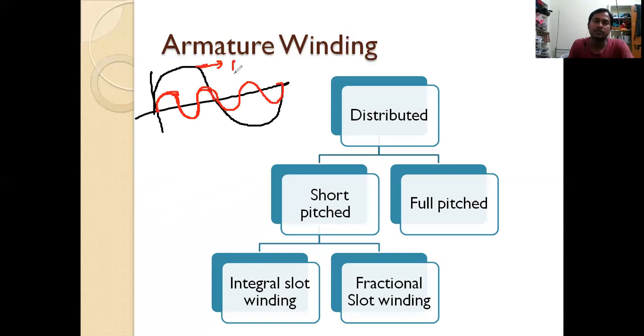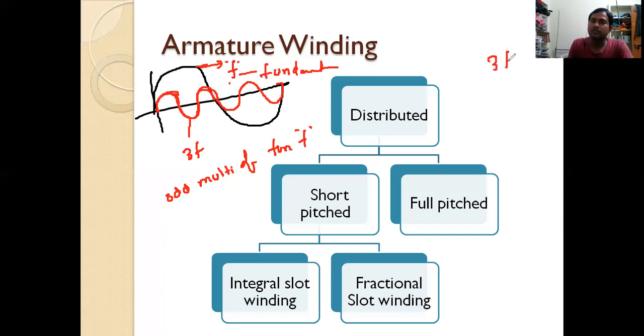If the fundamental frequency is F, the frequency of this one is 3 times F. Odd multiples of the fundamental frequency will be generated in the generator during the generation process: 3F, 5F, 7F.